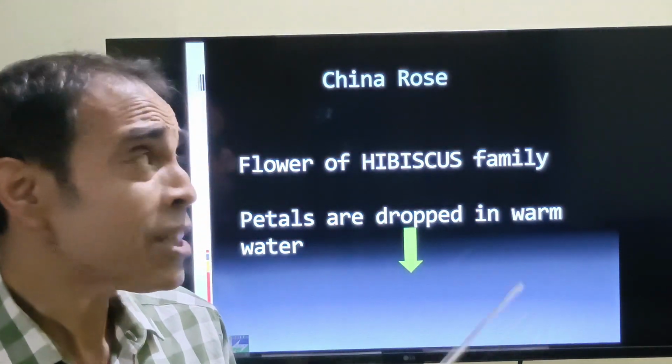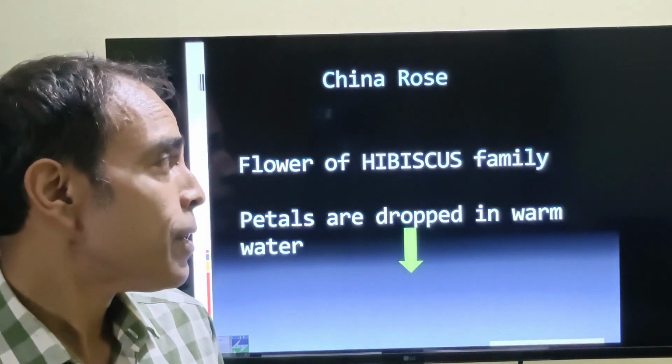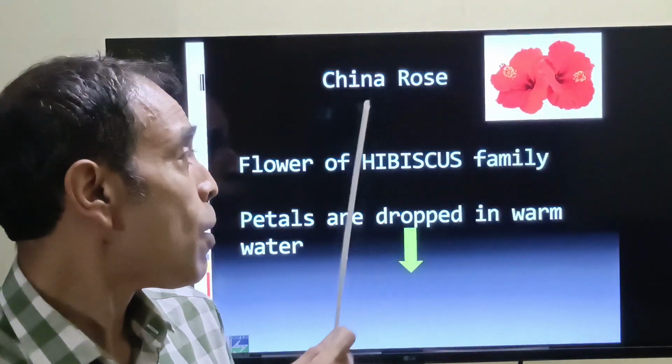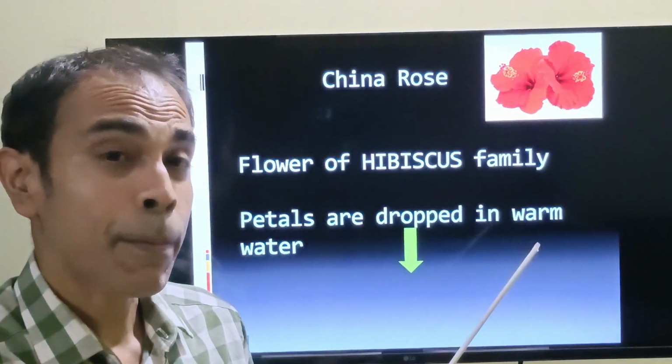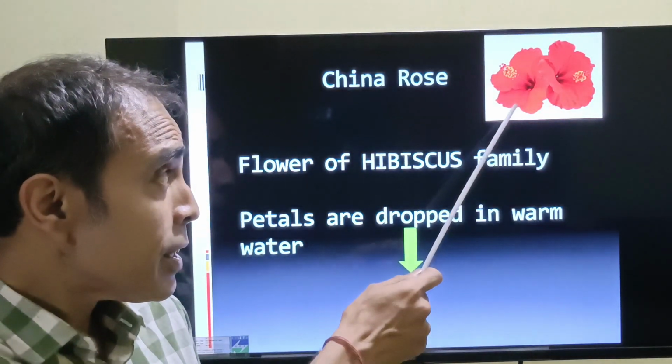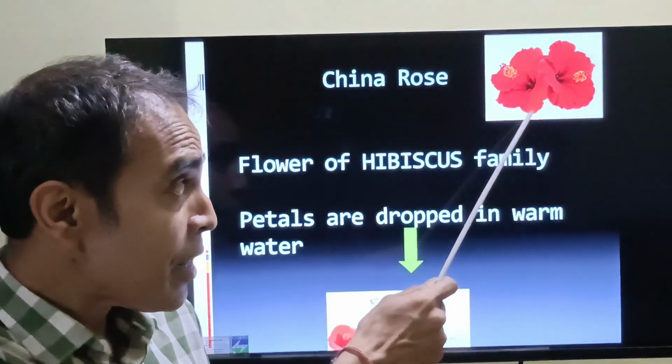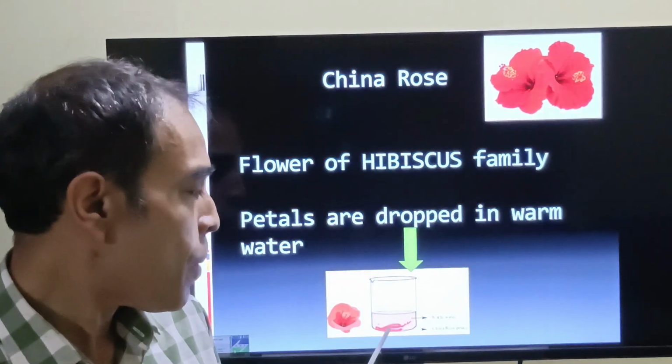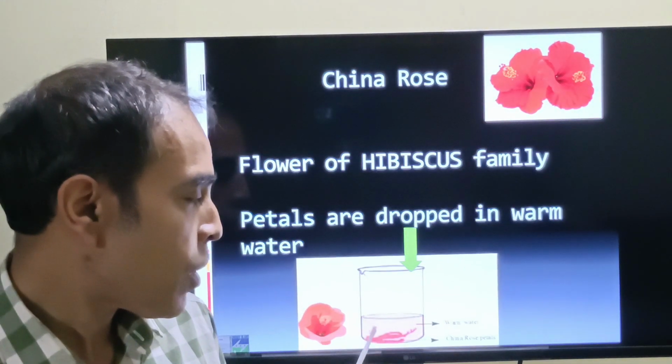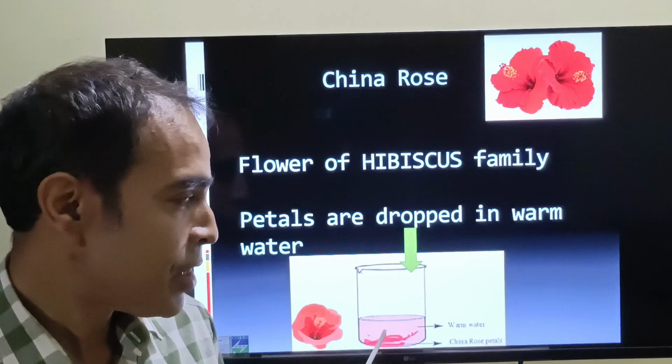Another natural indicator is China rose. China rose is a flower of the hibiscus family. When the petals of China rose are dropped in warm water, we see a pink color change.